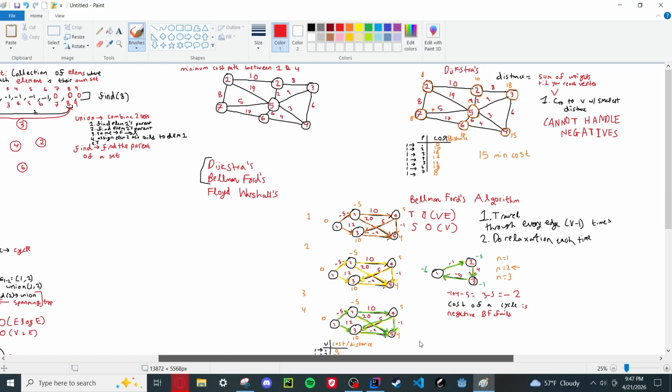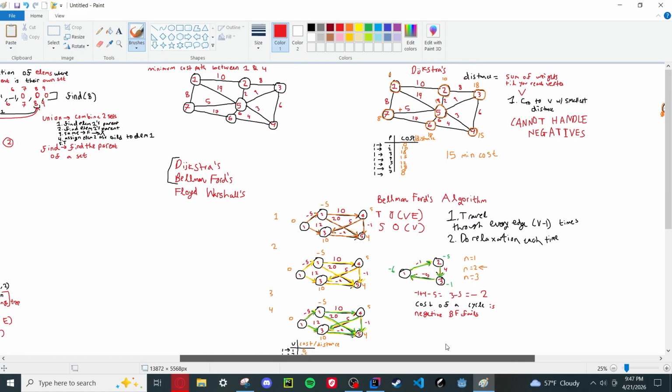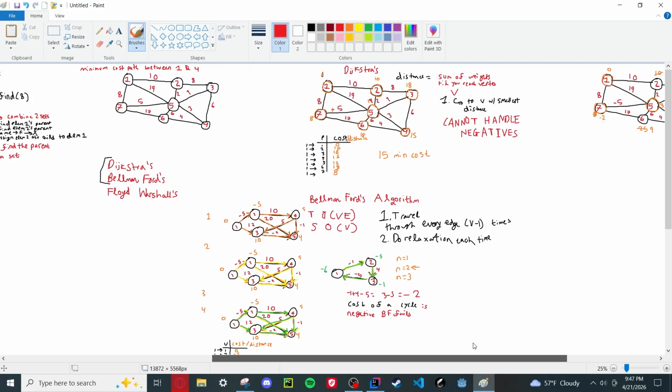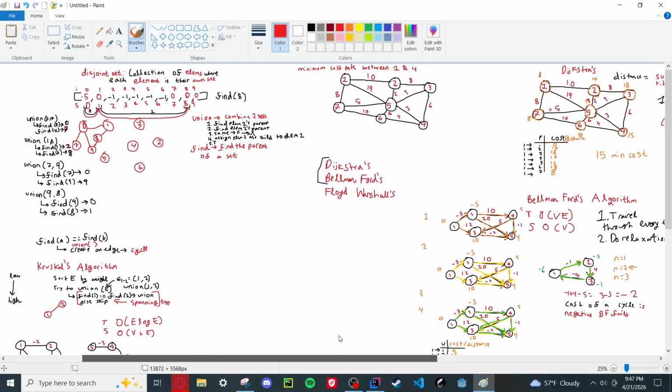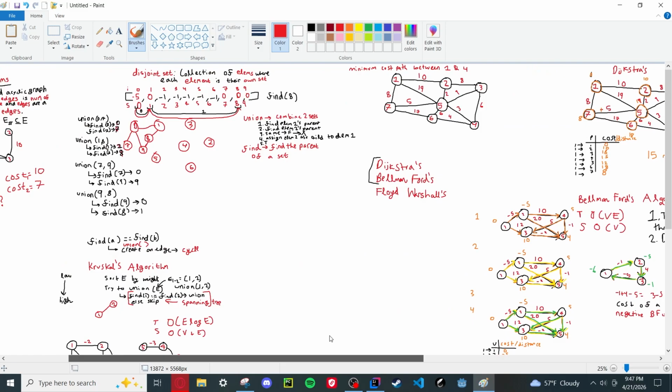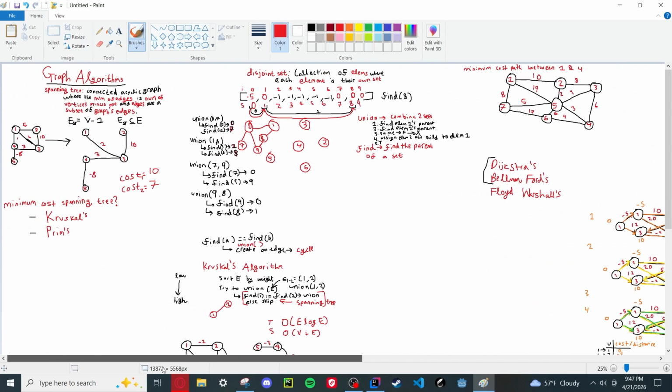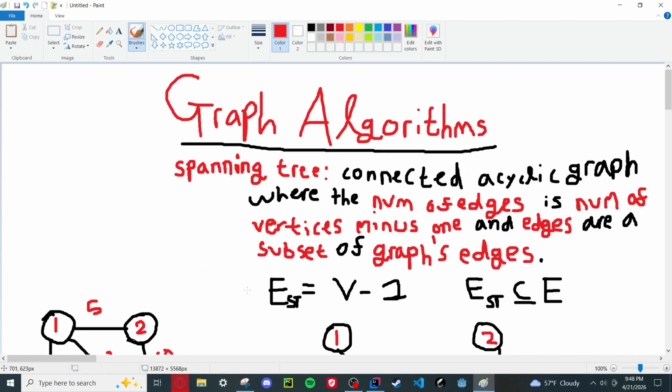So we covered Dijkstra's, Bellman-Ford's, and Floyd-Warshall's today, along with covering the time complexity. I'm pretty sure for every single one of these algorithms. I don't know if you need to know all that much, but yeah, okay. That is graph algorithms.